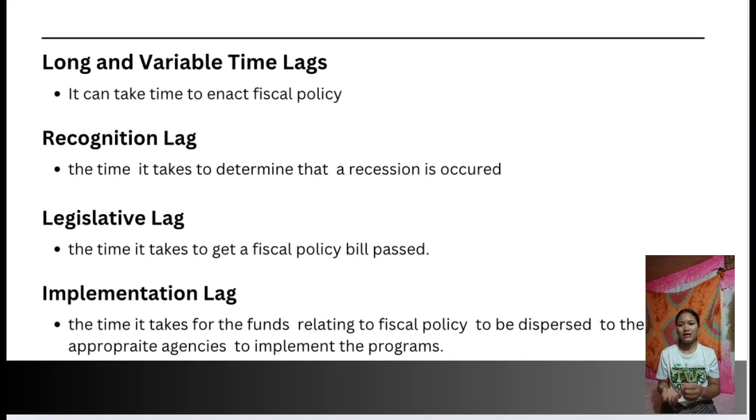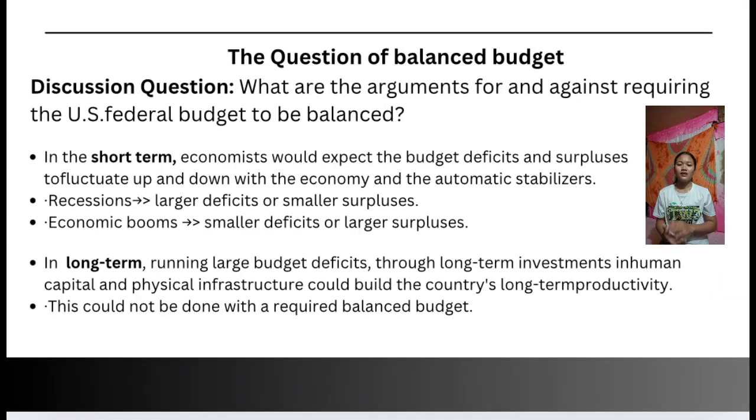For example, some Filipino families waited weeks or months to receive ayuda or financial aid, delaying the intended economic relief. Overall, these lags mean that by the time the government acts, the economy may already be recovering, reducing policy effectiveness.